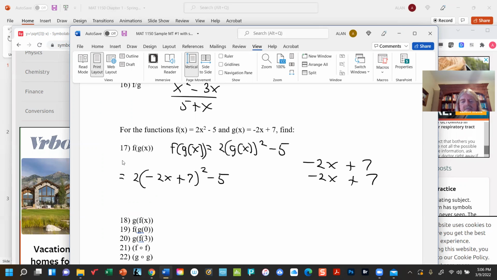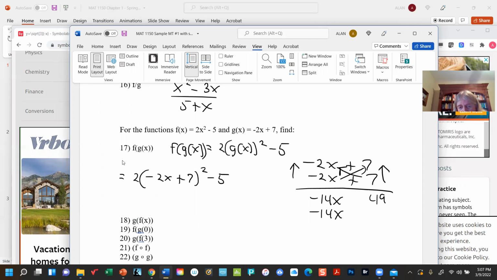Let's do that this time. So you've got 49 minus 14x, minus 14x. And here you've got positive 4x squared. All right, so what does that leave us with?